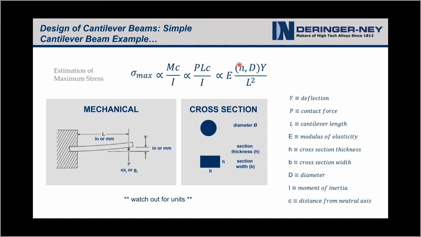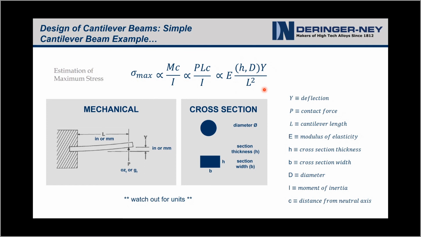Simplifying that out, you see that the strain is related linearly to the height or the diameter, depending on whether you're dealing with a rectangular or round cross section, and to the amount of deflection, and it's inversely proportional to the square of the length.